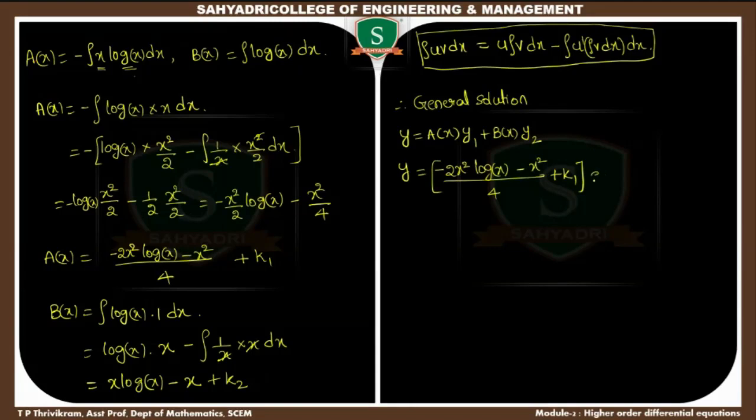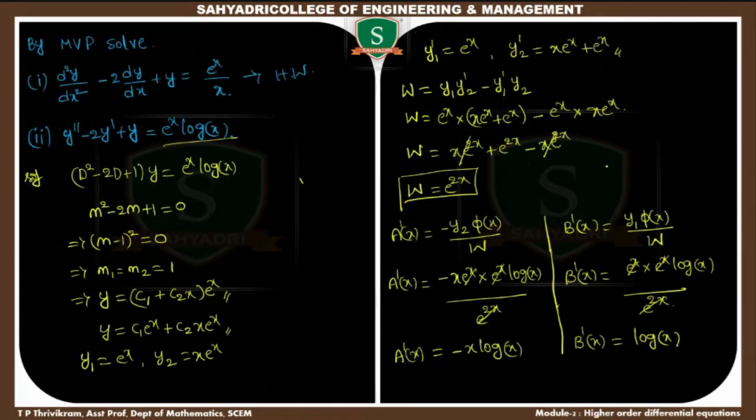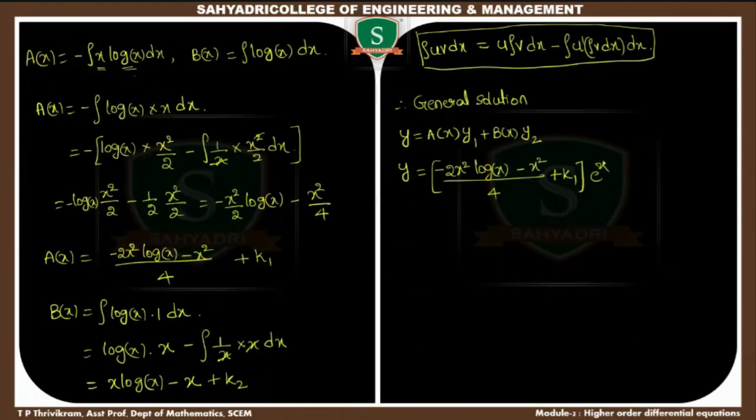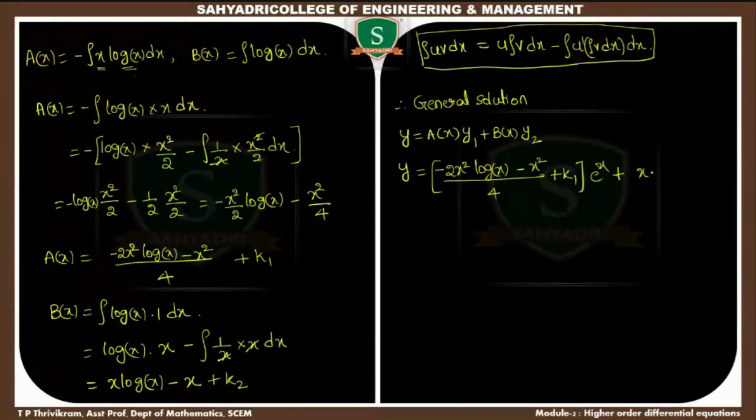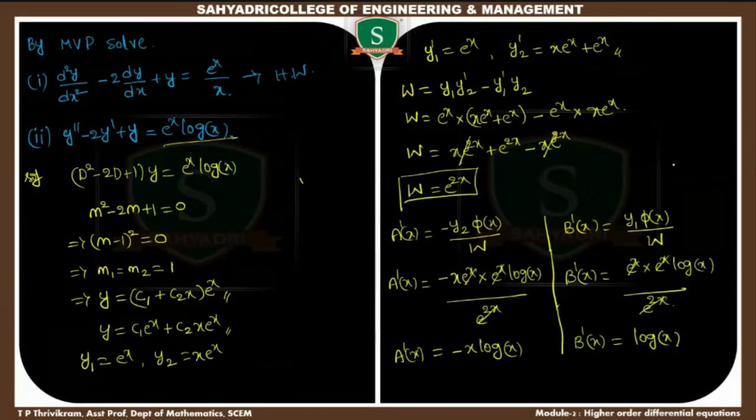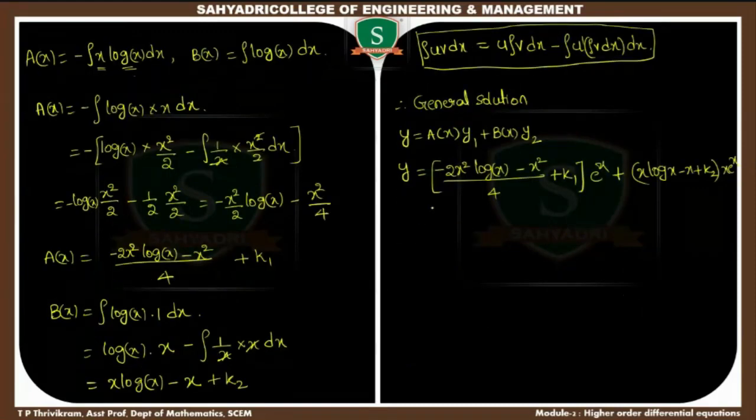Y1 is e power x, plus x log x minus x plus k2, into x e power x.